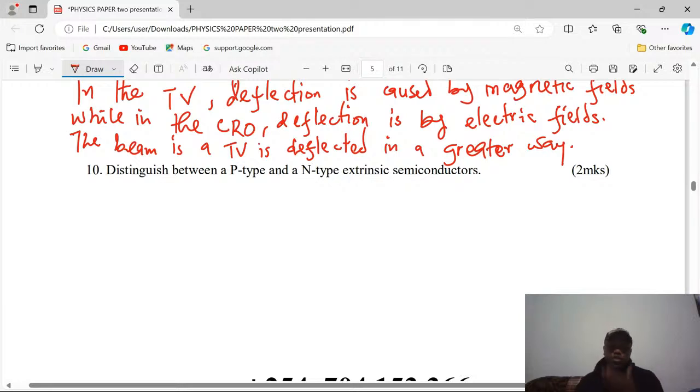It is good for you to know that, generally, extrinsic semiconductors are semiconductors in which impurities have been added so that conductivity is enhanced. The impurities added are called dopants, and the process is called doping. So during doping, we can add different types of atoms to enhance conductivity.